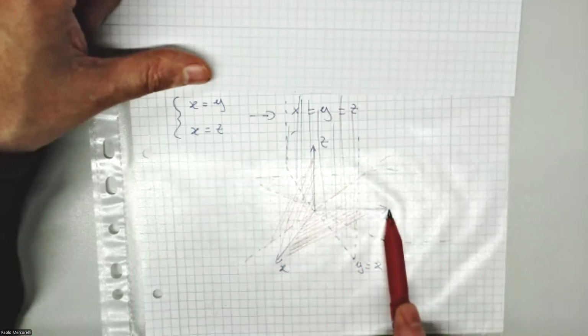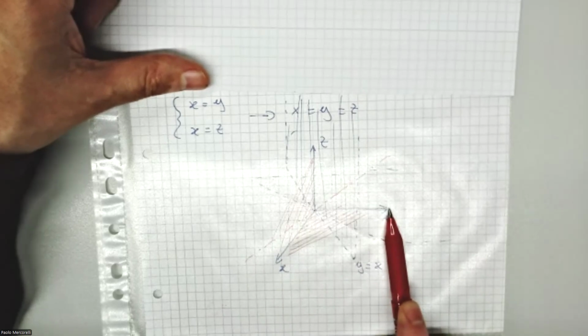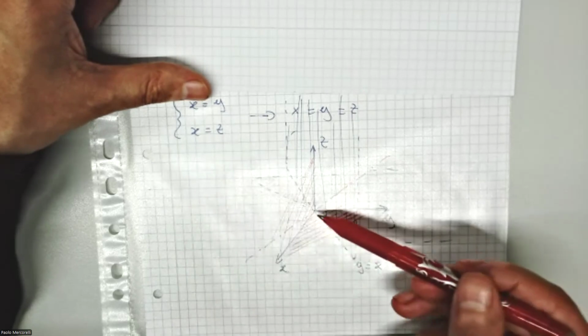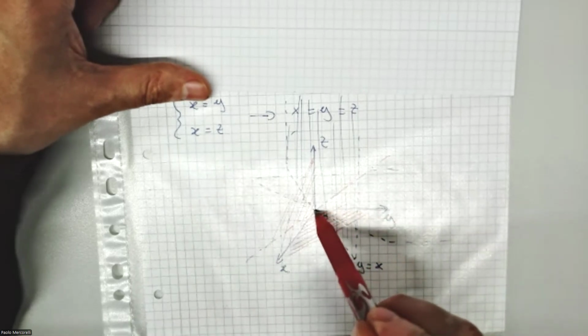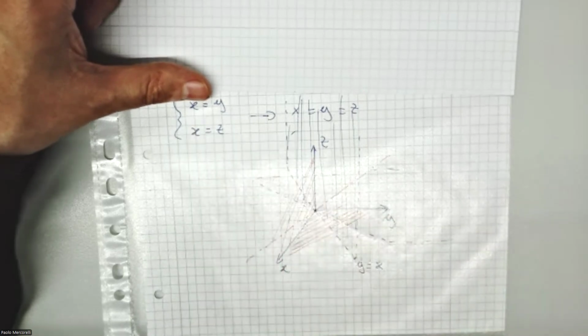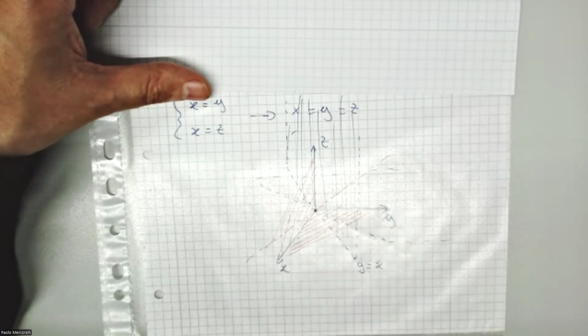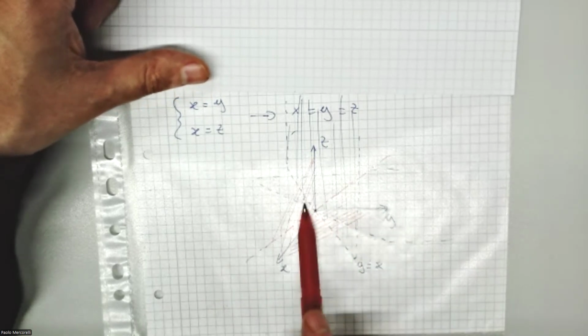Something which includes Z, because we don't have a constant here. I mean, X equals 0, Z equals 0 are here. This point here. And then it's parallel to Y, excuse me, it includes Y.